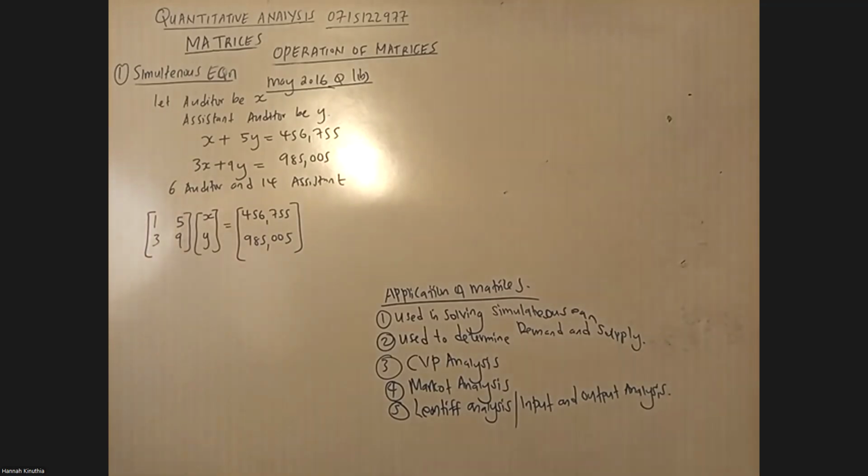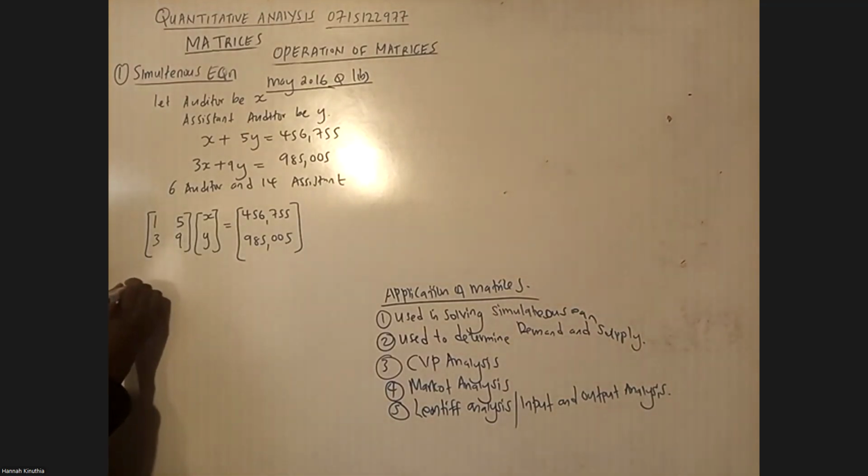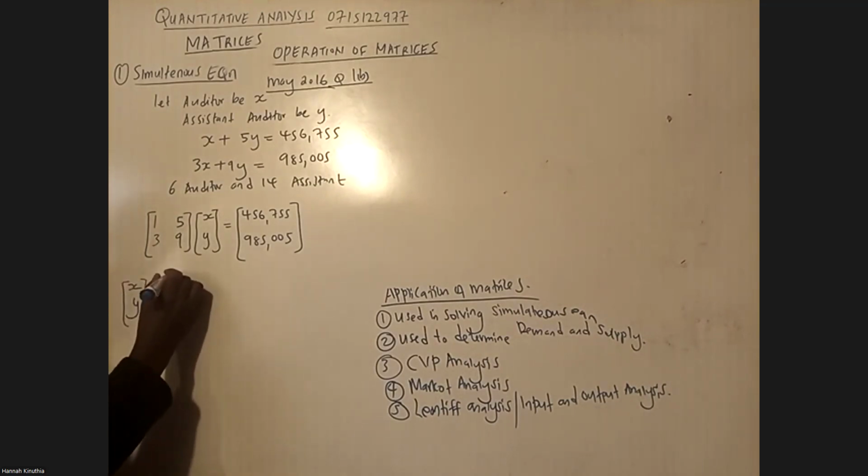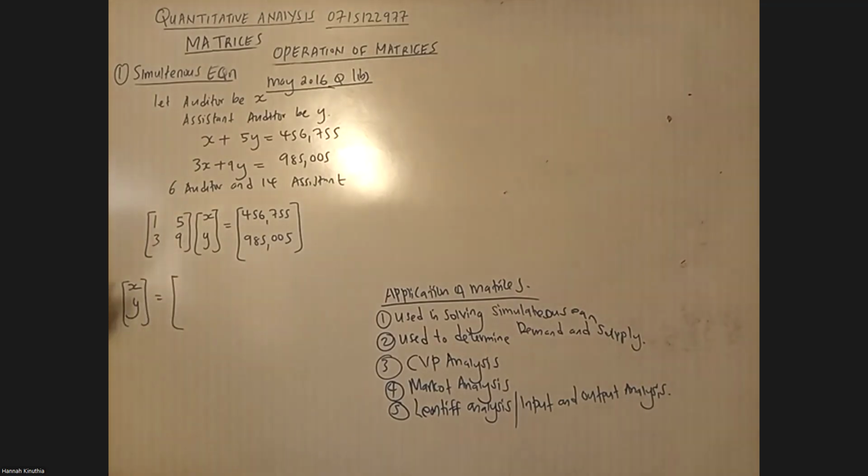Is that one okay? Now, let's find xy. Xy will be equal to, now we need to divide it every side by this figure. So we divide this side by this matrix and also the other side. If you divide it with this matrix on this side, itaisha.